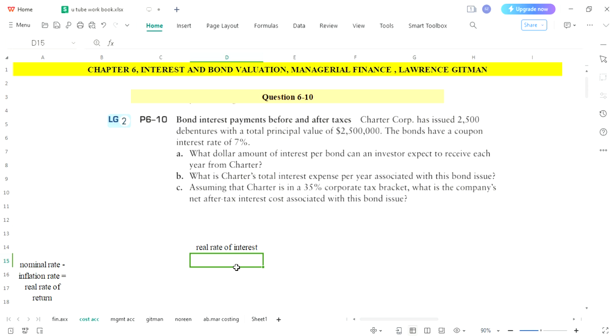So you will add to your real rate the inflation premium or inflation rate, and then again you will add inflation risk premium.